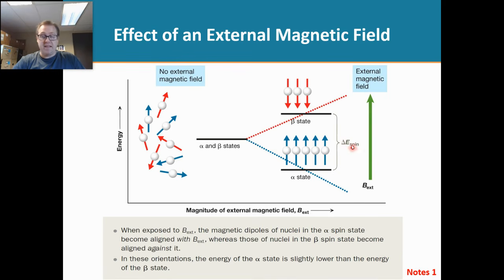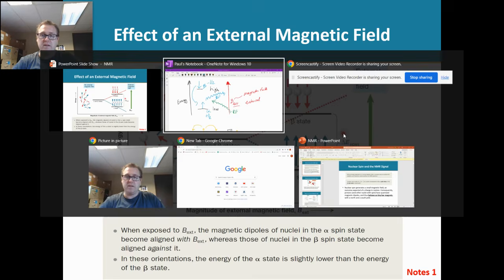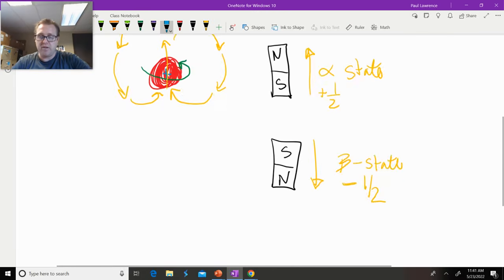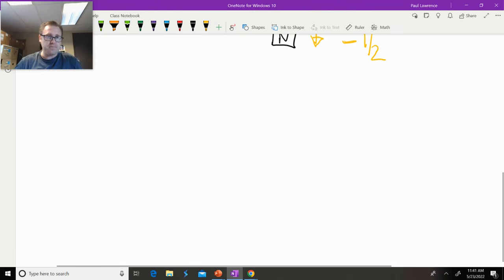Now, this energy gap right here between the two spin states is proportional to the external magnetic field. That's very, very important. So let's draw a little diagram right here to show you what I mean by that. When we purchase an NMR instrument, now these instruments are very, very expensive.